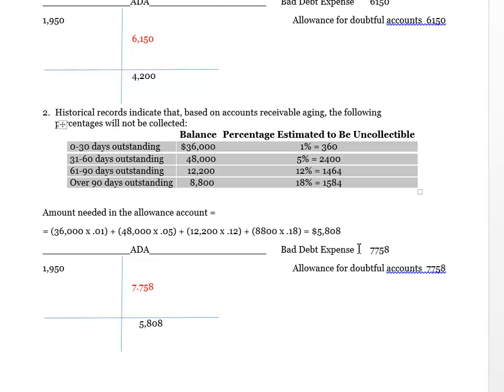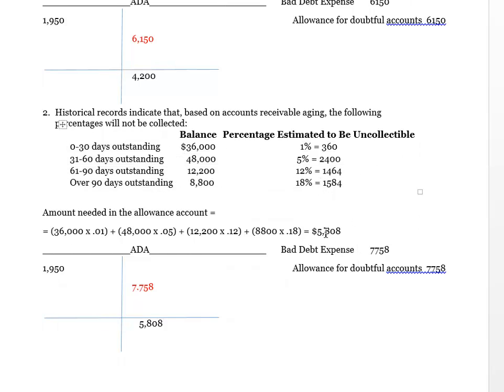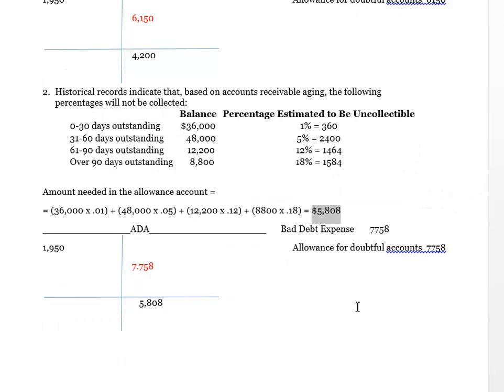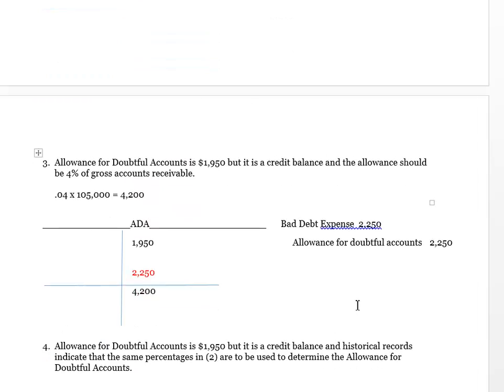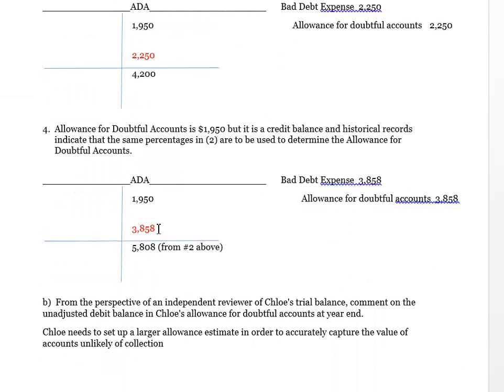So we already know that using that historical data, we need to have 5,808 in the account. So now we also know that we have 1,950 in it. So the question says we needed to use those percentages in item number 2 above, which gave us 5,808, but we only have 1,950 in it. So our adjustment to the allowance via a debit to bad debt expense is to debit the expense for 3,858 and to credit the allowance for 3,858.